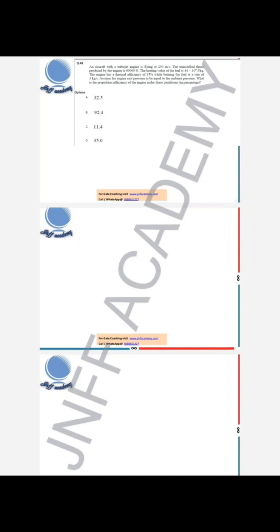Hello everyone, let us continue the solution part of GATE Aerospace 2024 paper. As we were solving the jet propulsion part, this is one of the questions out of it. An aircraft with a turbojet engine is flying at 250 meter per second. The uninstalled thrust produced by the engine is 60,000 Newton.